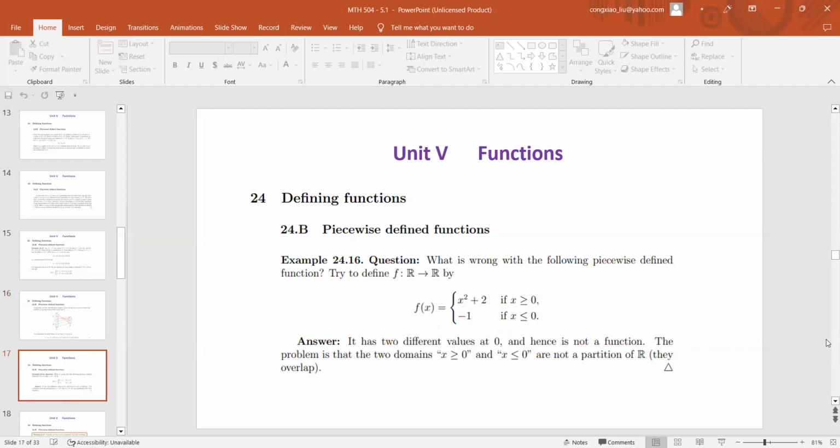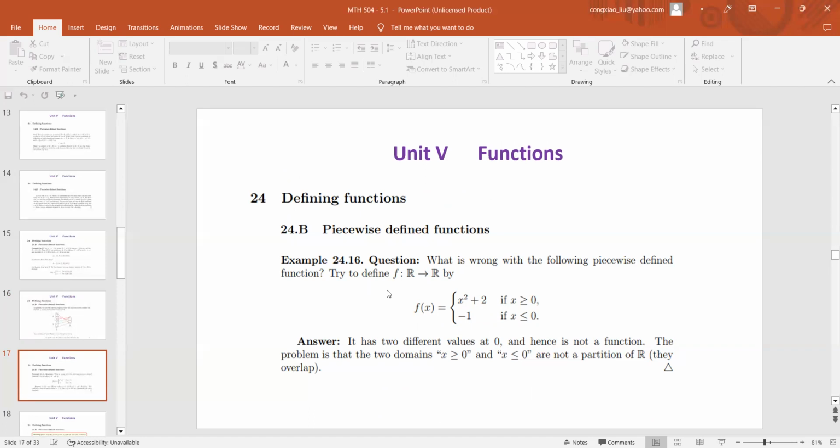Okay. Let's just do some more examples. Sometimes you want to make sure, when we define a piecewise function, that it is defined correctly. So the following question is asking what's wrong with the following piecewise defined function.